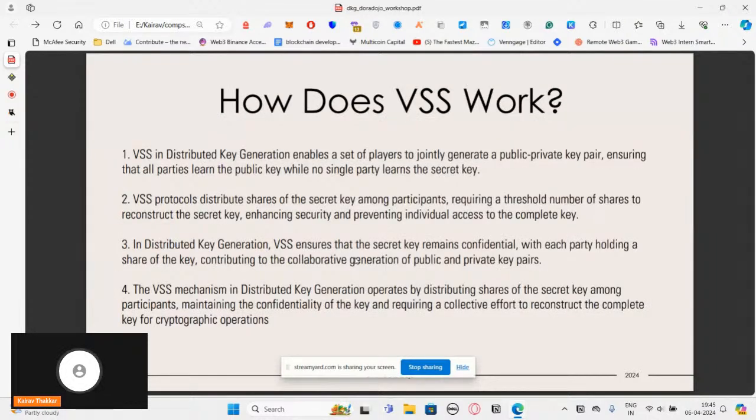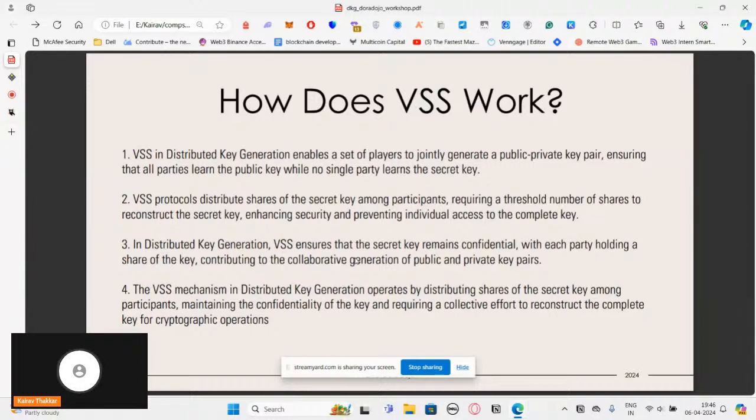Now, when we come to distributed key generation, we are generating a public-private key pair, right? While all parties learn the public key, no single party learns the secret key. No single party has the whole secret key with them. Parts of the secret key go to different individuals or nodes, and the public key is with all of them, right?